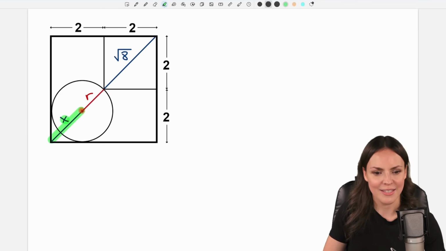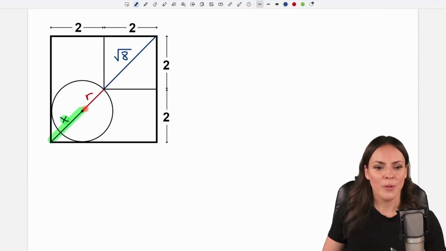Okay, this is what we're looking for. We haven't really used these touching points yet in our calculations. We've already seen that from the center to this touching point, this is the radius of my circle. And here, the same thing. This is the radius of my circle. And we have automatically a right angle here and a right angle here.